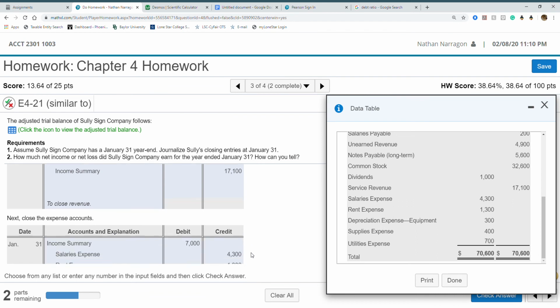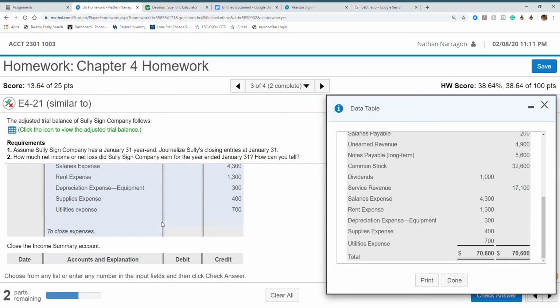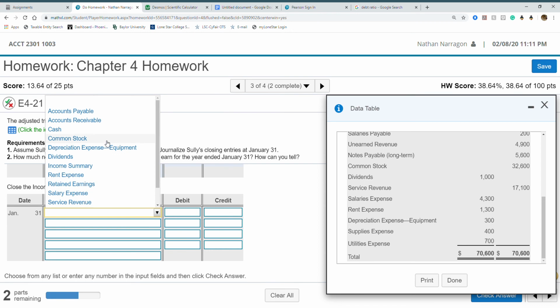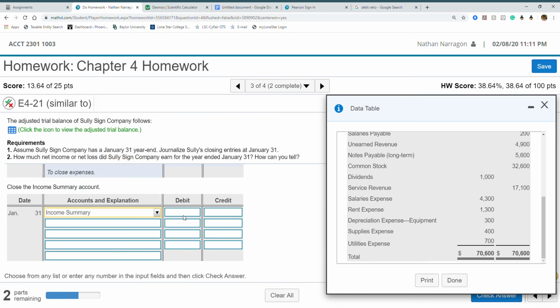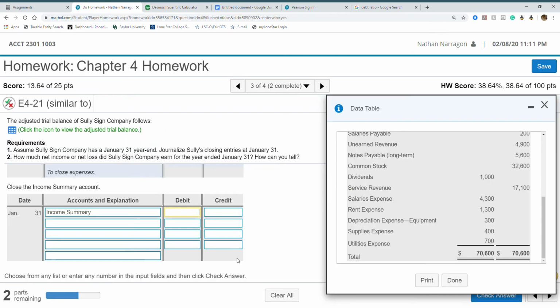Now here comes the income summary. First off, you can already see here's our credit, here's our debit. And basically take the difference. So if you do it this way, if it's negative, that means again it has a credit balance, which means income, which also means we're going to have to debit the account. So income summary is going to get debited for 10,100.